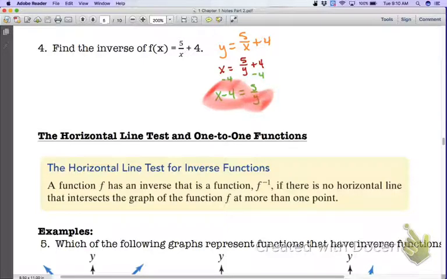So whenever I do that, my final answer is going to be y equals 5 over x minus 4.